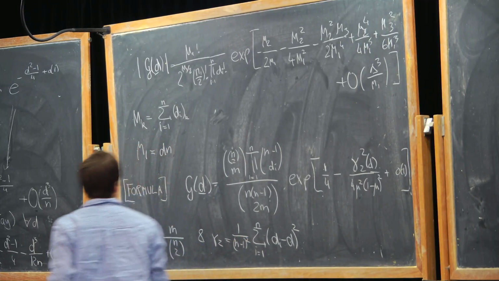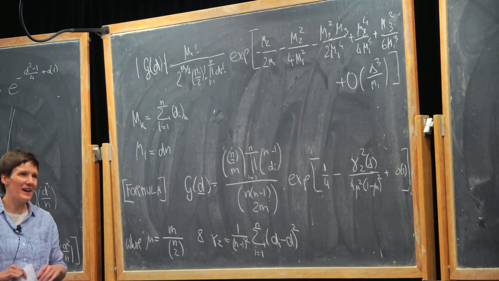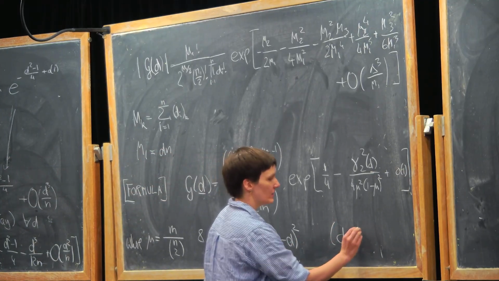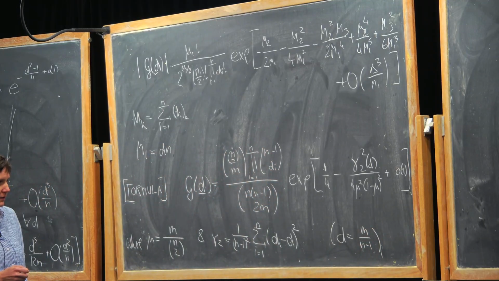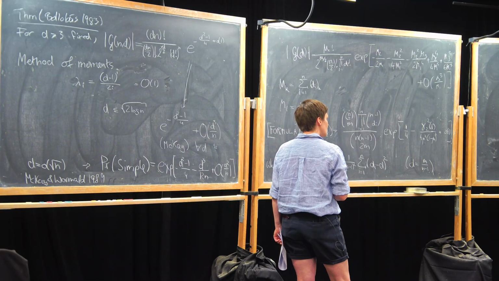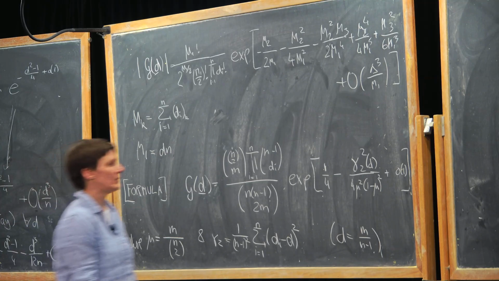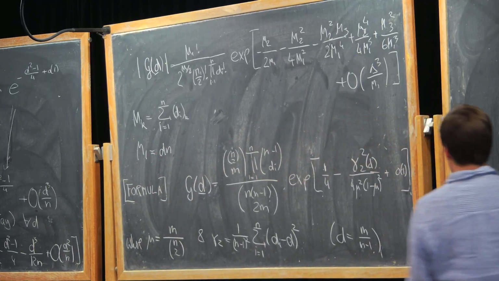And d is always the average, which is m over n minus 1. Sorry, I had a brain stop. Yeah, that should be m over n minus 1.